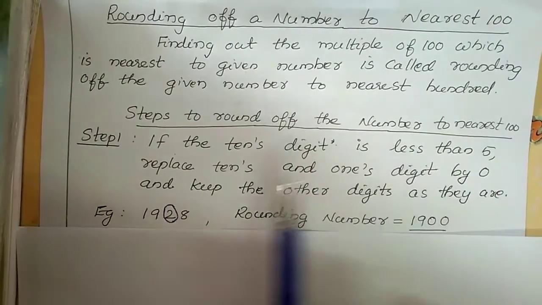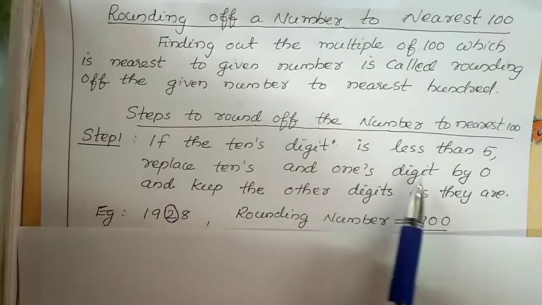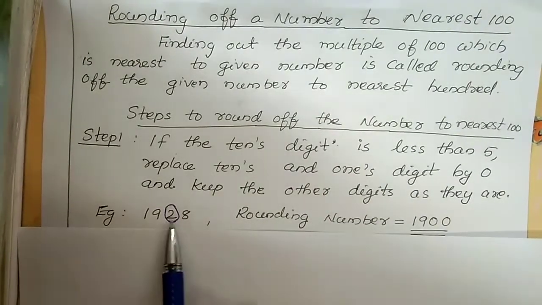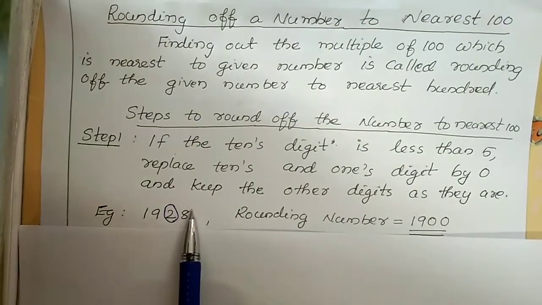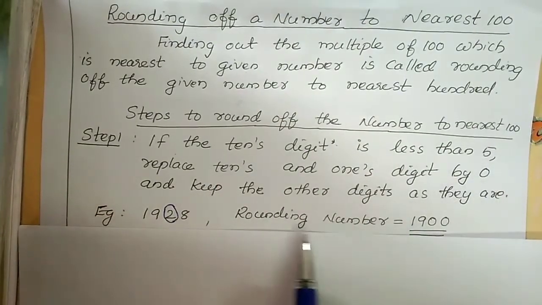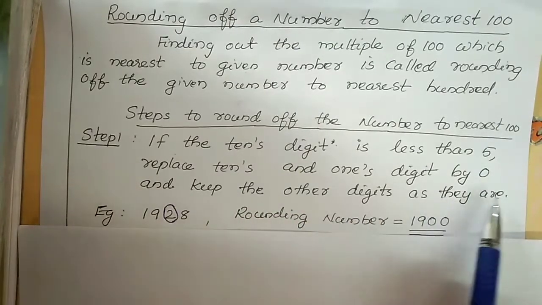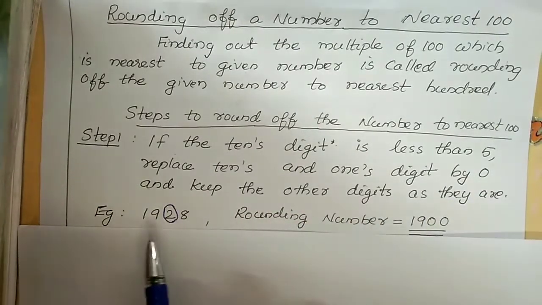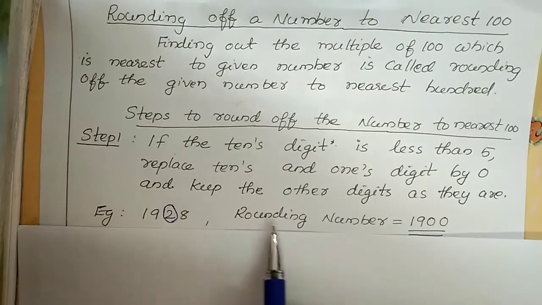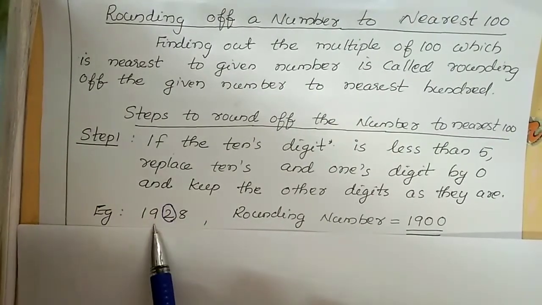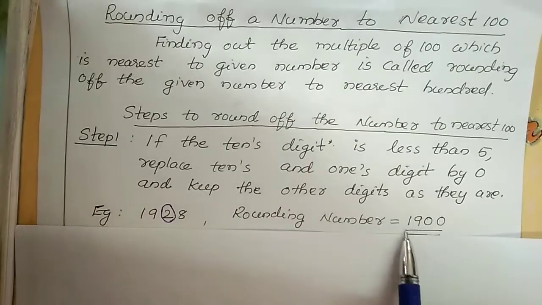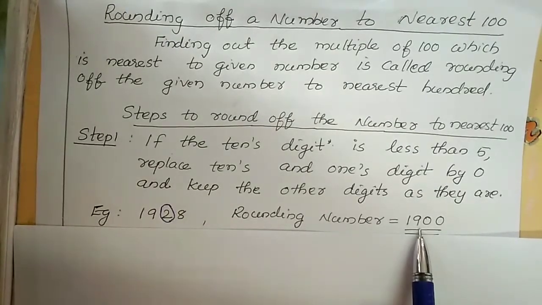So our rule is replace tens and ones digit, that means this 2 and 8. Replace these two digits as 0. Keep the other digits as they are. No change in the other two digits. So rounding of this number to nearest 100 is 1900.